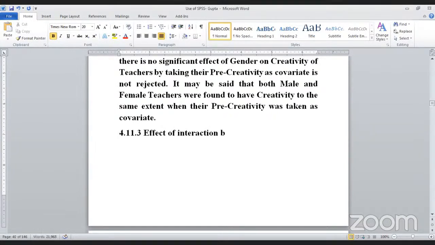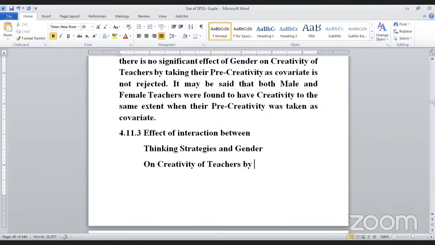Effect of interaction between thinking strategies and gender on creativity of teachers by taking their pre-creativity as covariate.